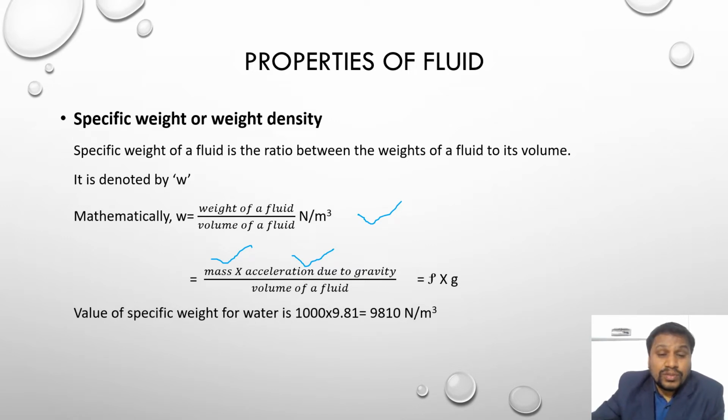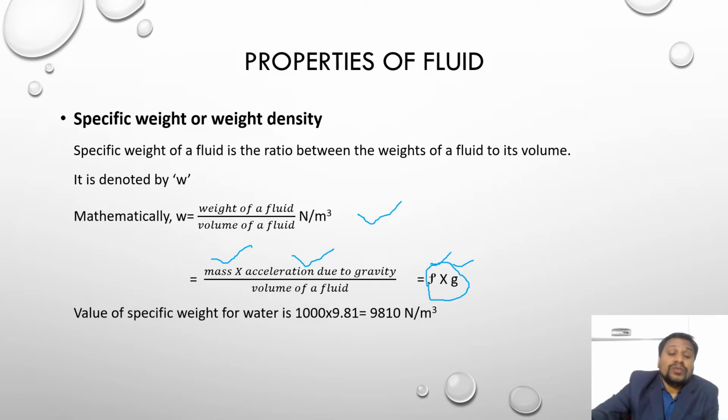Mass by volume is the density rho, and the acceleration due to gravity is g. So there is another expression for specific weight: w equals rho into g.